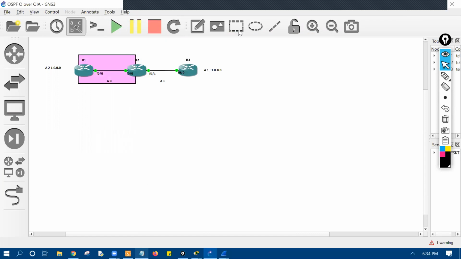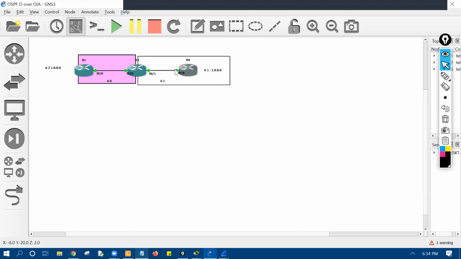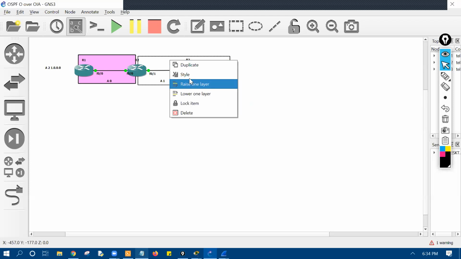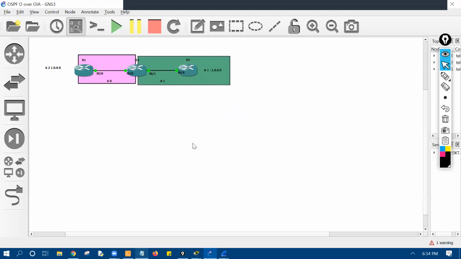And another one. Till this one, right? Because 1.0 is also part of the area. Clear. So what happened? We have area 0, right? And the IP address.